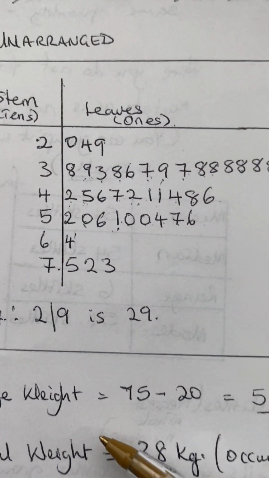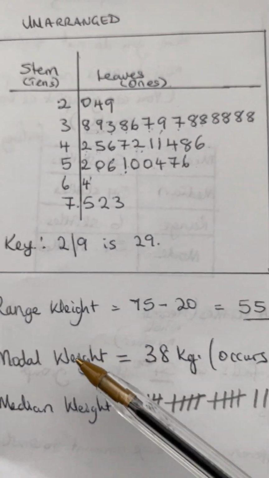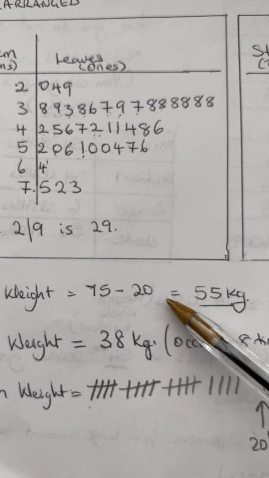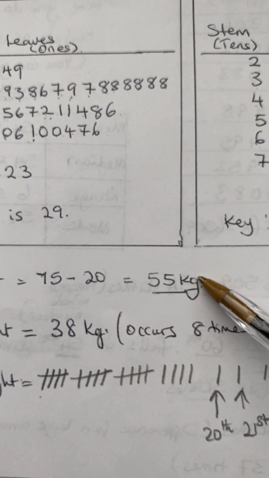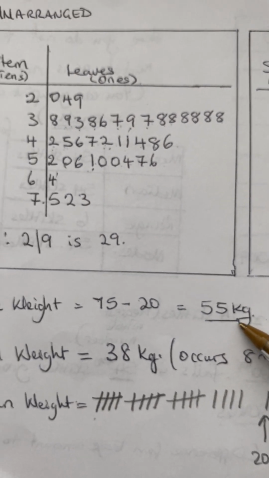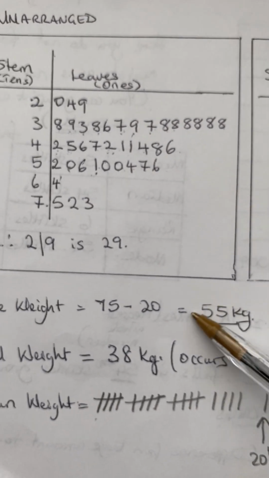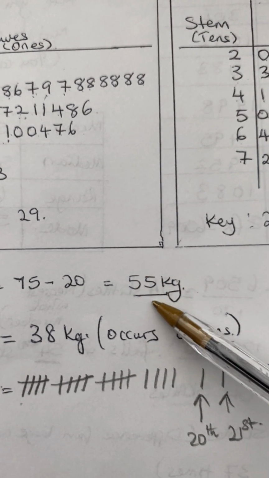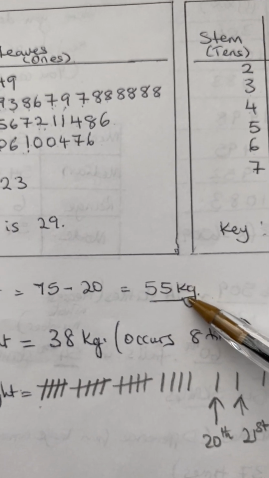So straight away, I can easily find that. 75 minus 20 is 55. So this is the range weight of the people that came to the summer school.